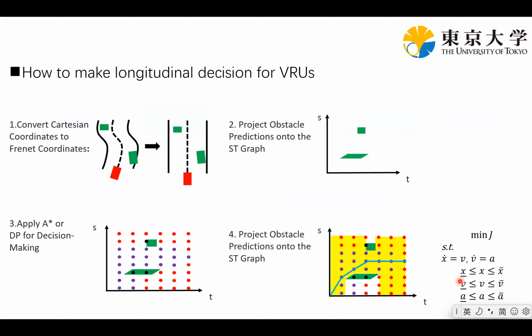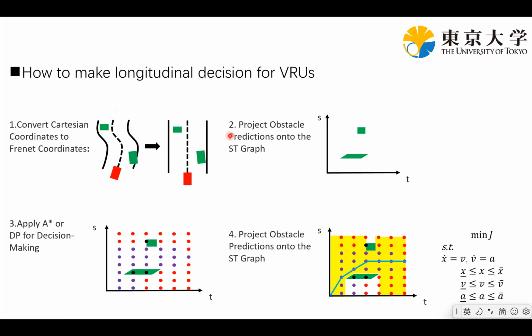So, how do we approach longitudinal decision making? The conventional method is as follows. First, based on the path generated by lateral planning, transform the Cartesian coordinate system into a Frenet coordinate system.